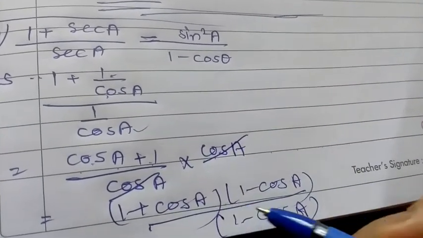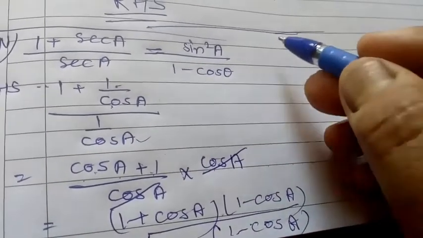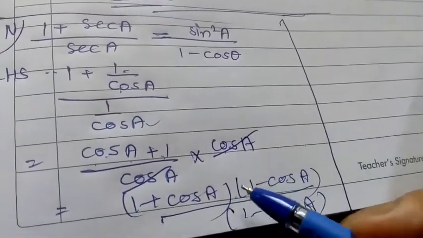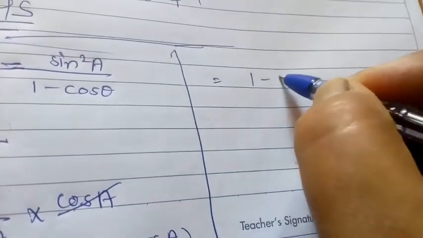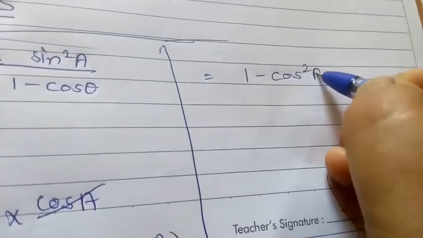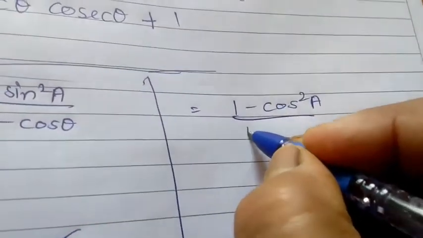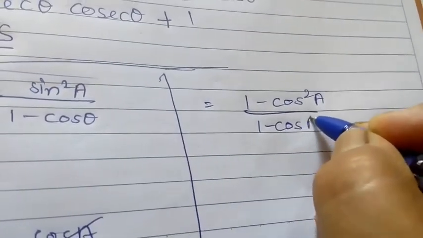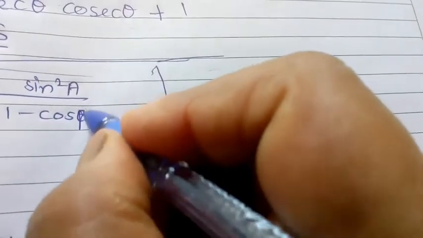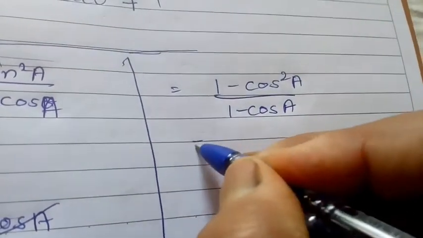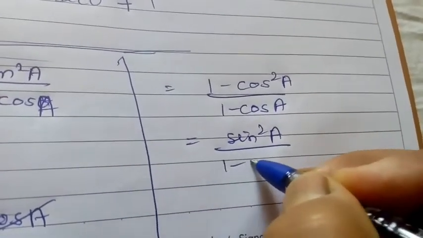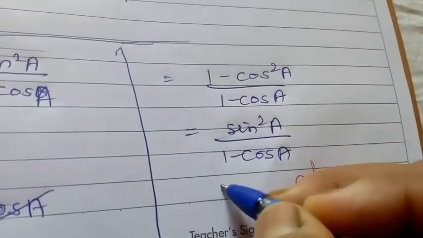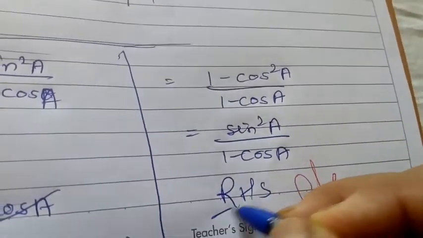Multiplying 1 minus cos a in numerator and denominator, 1 plus cos a times 1 minus cos a equal to 1 minus cos square a upon 1 minus cos a. Here 1 minus cos square a equal to sin square a upon 1 minus cos a. This is the RHS of question number 4.